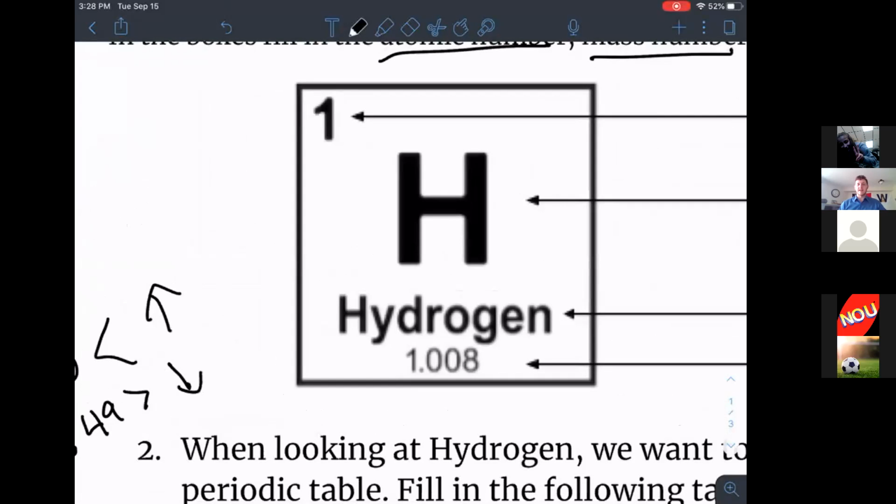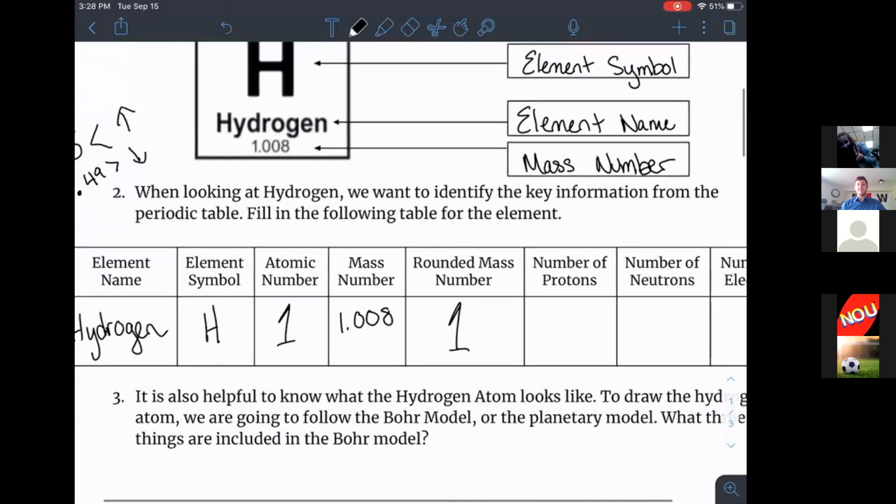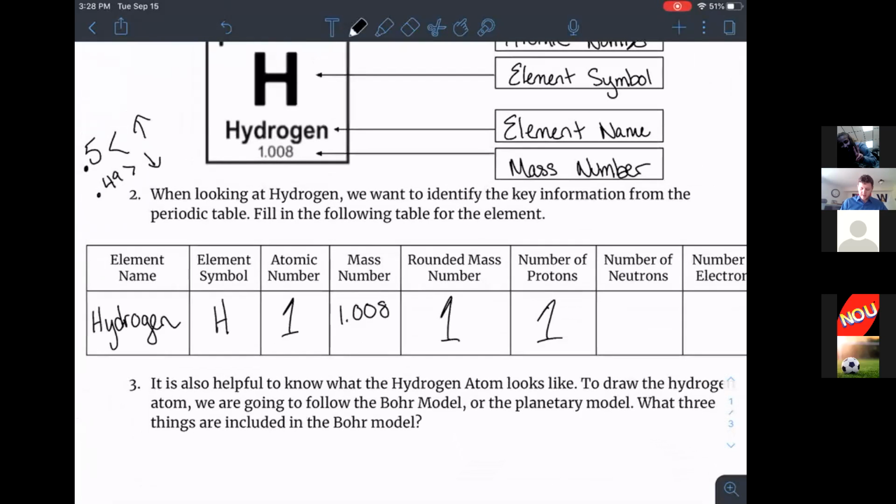The number of protons is always going to be the same as our atomic number. So for hydrogen, how many protons do we have? 1, because our atomic number is 1. So these two are always the same. The number of protons and the atomic number will always be the same number.